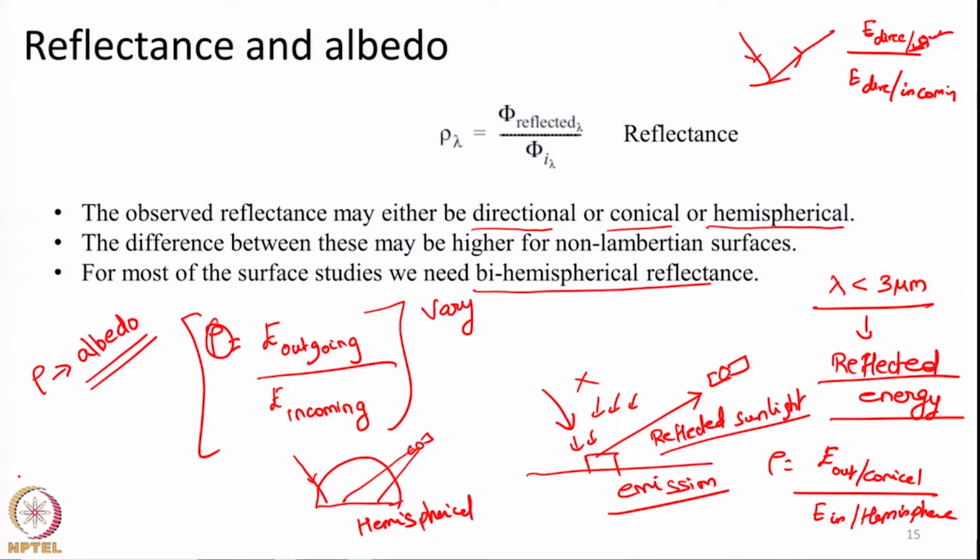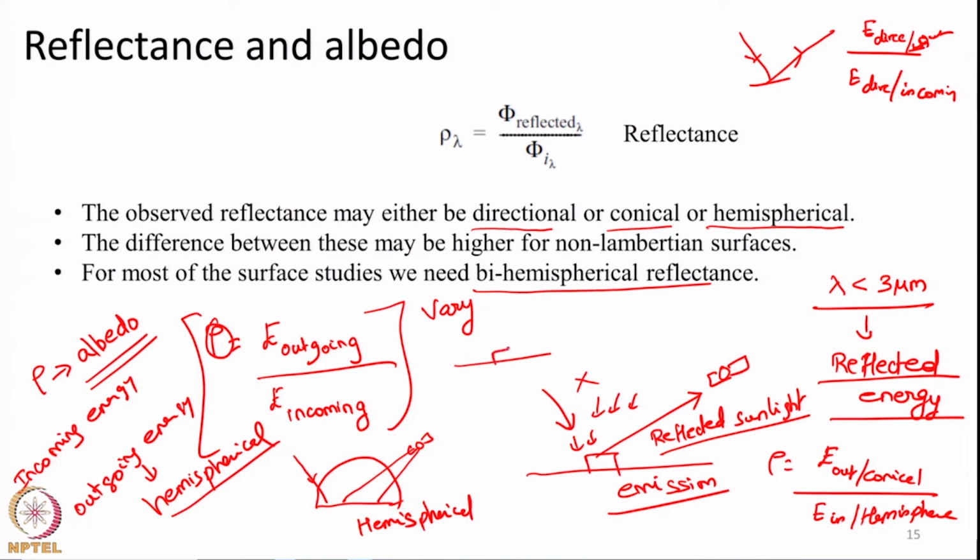That is, incoming energy can be directional or conical, hemispherical, whatever, but the outgoing energy should be measured in a hemispherical way. Hemispherical way in the sense that the outgoing energy must be measured over the entire hemisphere covering the object.